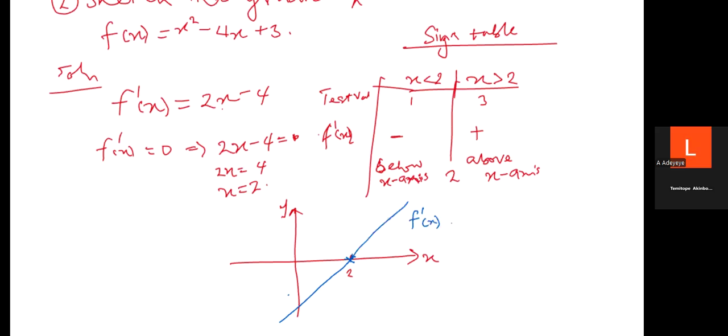Sir, should it not be above the x-axis when x is less than 2? If you use 0, even if you use 0, it's going to be negative.